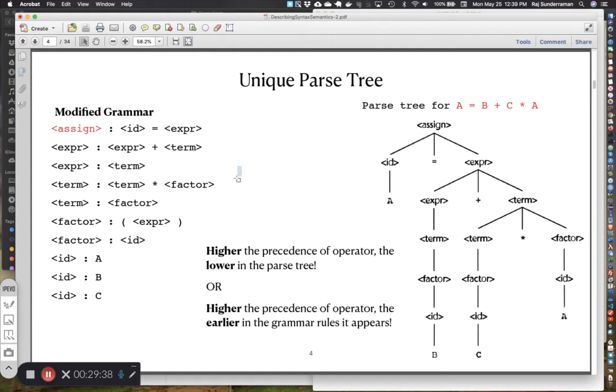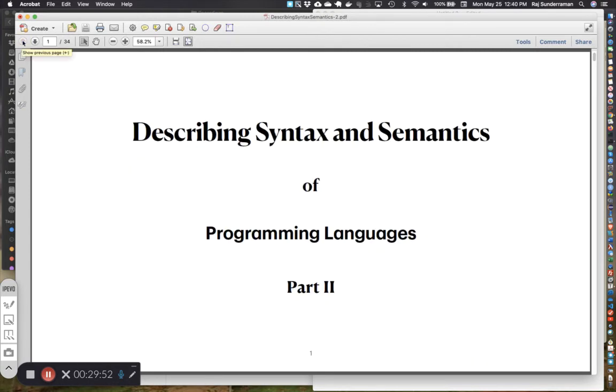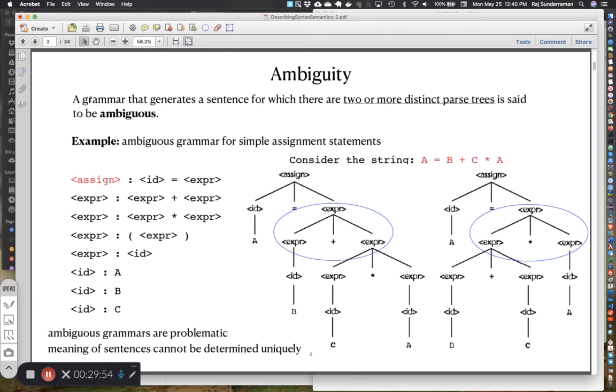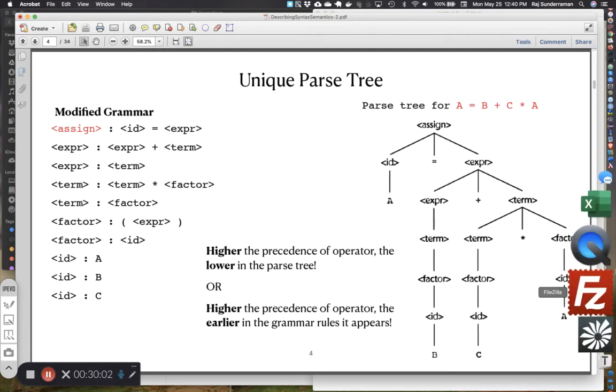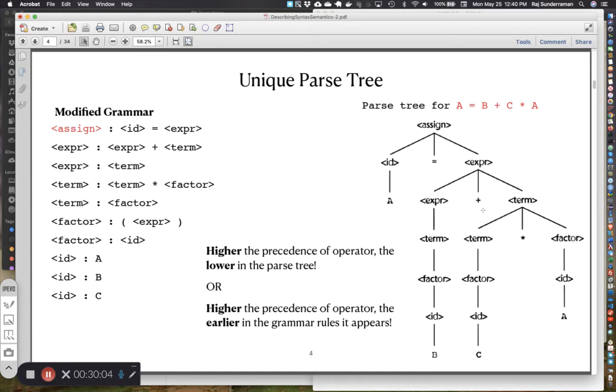And of course, I have copied the exact same grammar here, and I have shown the parse tree for the previous derivation. This parse tree does not coincide with the first of these trees. It does not coincide because the grammar is different. If the grammar is different, it cannot coincide. But it does share the property with that first tree, the left tree there earlier, in that the multiplication is lower than the plus.